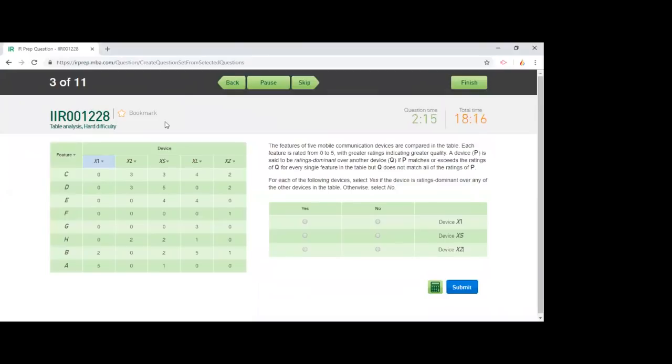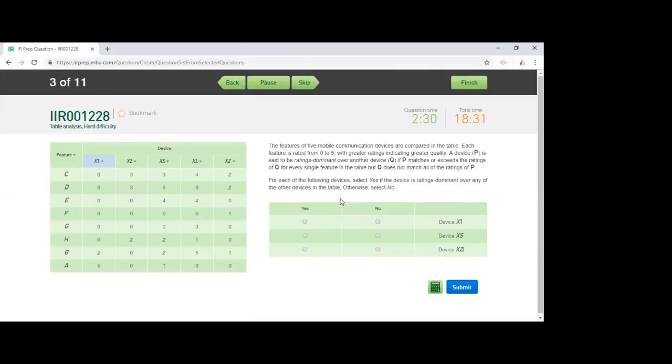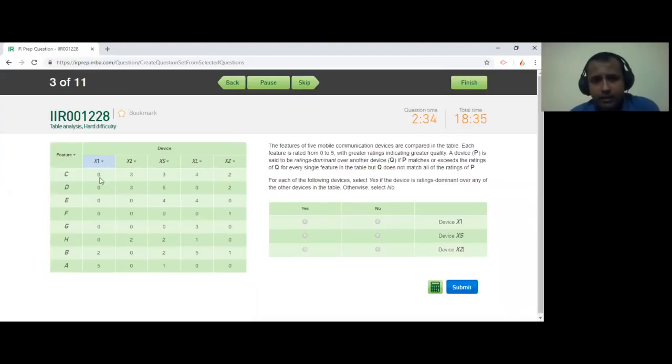Sir, in this case, X1 isn't ratings dominant, right? Because as we can see, there is no other device that has as many zeros as X1 does. So you're saying it is dominant or not? No, I think the first one is no. The reason is that you see a lot of zeros.